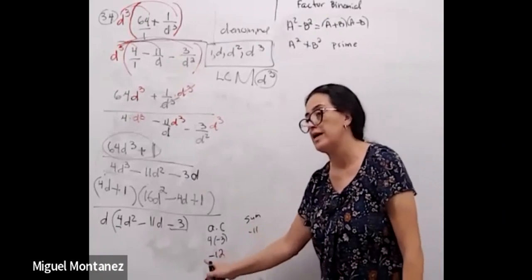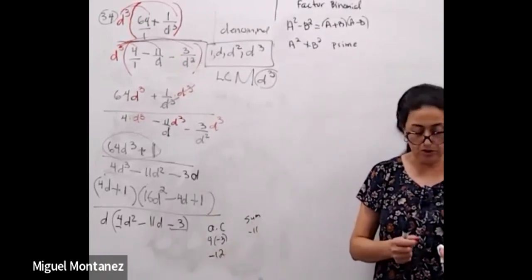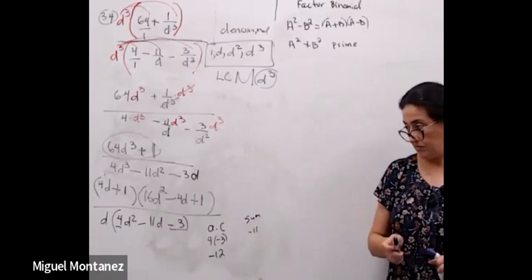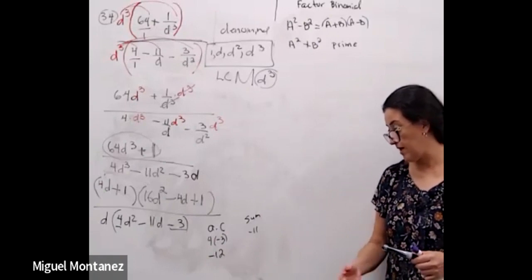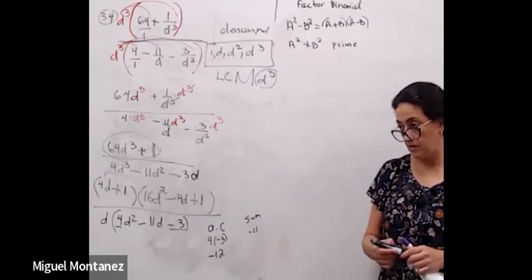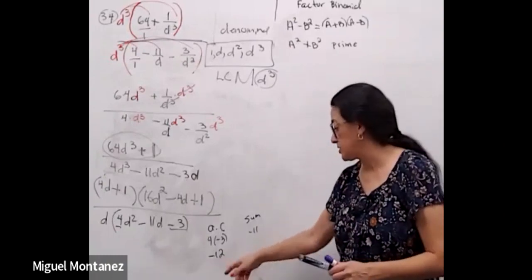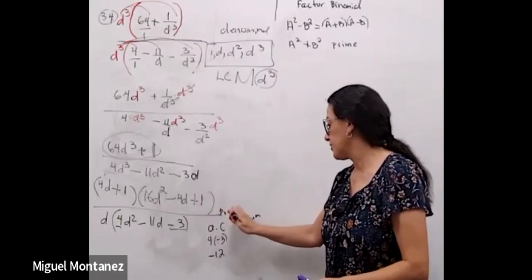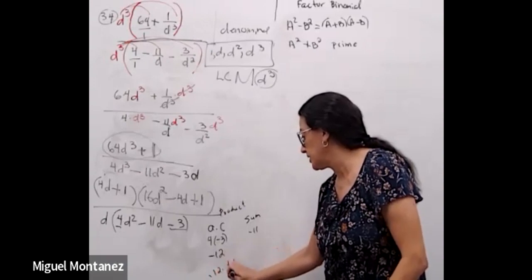That means that the numbers have to be one negative and one positive. What are the numbers whose product is negative 12? Negative 12 and a positive 1.